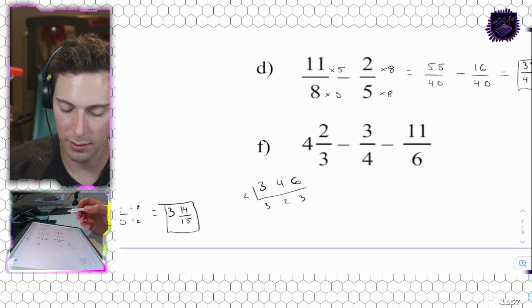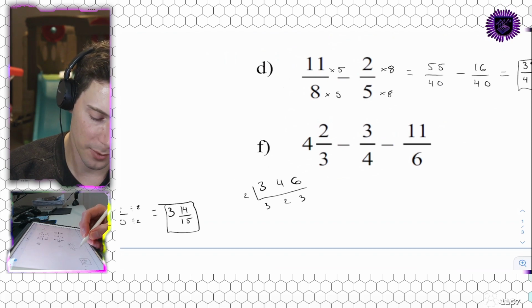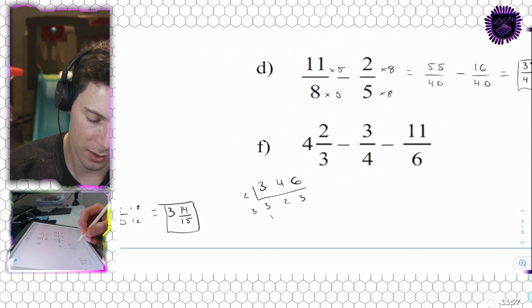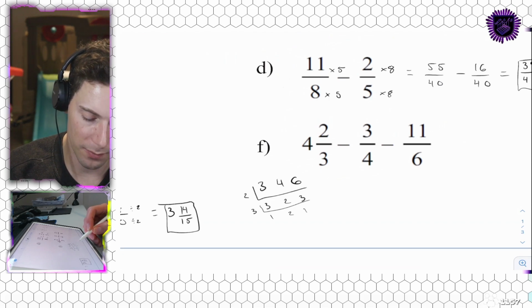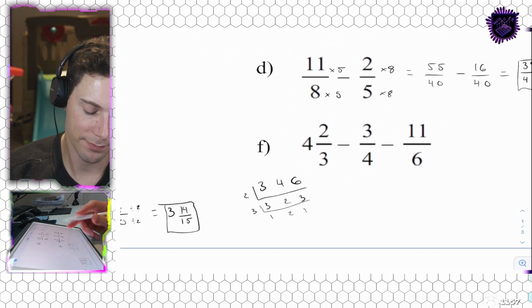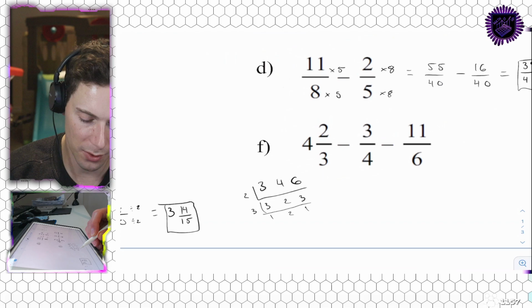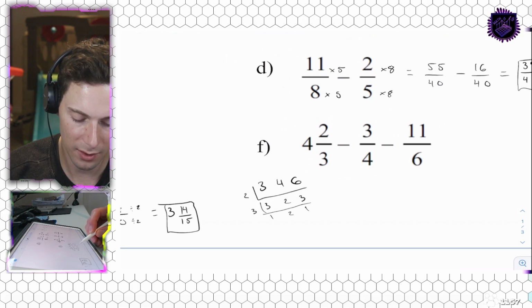Now there is a common 3, which goes 1, 2, 1. Now we have our factors. So 3 times 2 is 6, times 2 is 12.